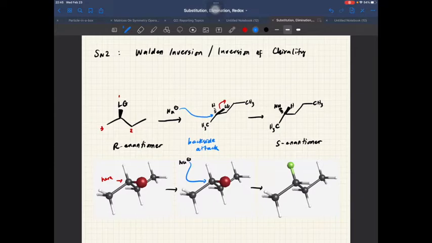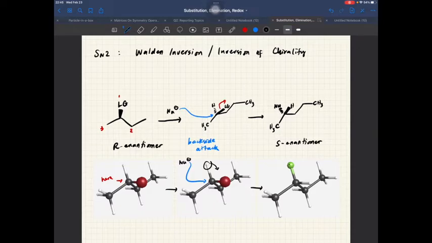So what happens when the nucleophile attacks from the backside position is that the nucleophile attaches itself to the backside position in the resulting product as well. Since the nucleophile attaches from the backside, this hydrogen atom will be pushed to the front and the nucleophile will form a bond in the back.